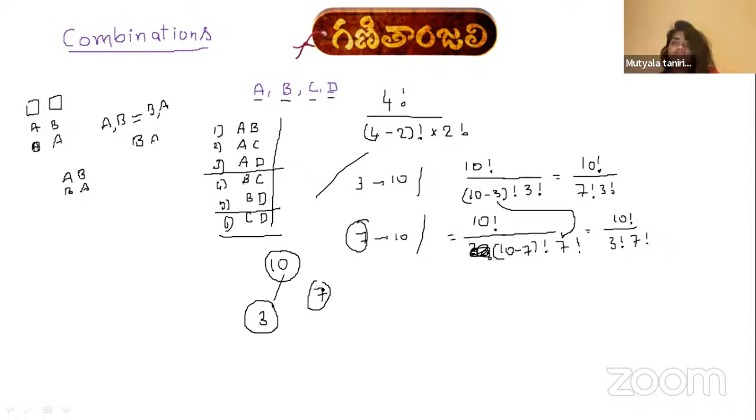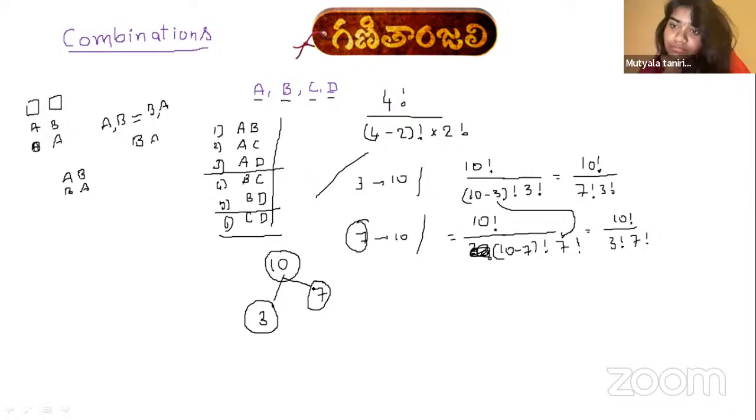The number of ways of inviting 3 persons is the same as rejecting 7 persons out of 10. Out of 10, selecting 3 means rejecting 7.